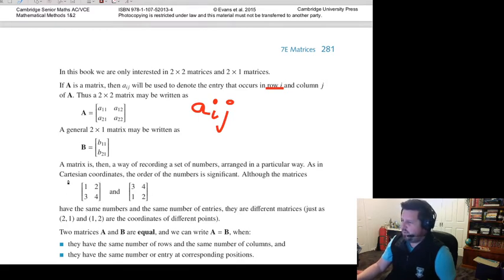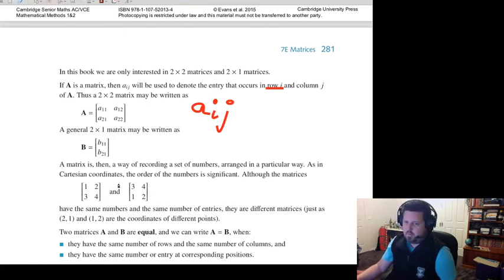So if we look here, both of these matrices are 2 by 2 matrices. They're the same size, with 2 columns and 2 rows. They also have the same numbers in different positions, and because they're in different positions, these are not the same matrix.